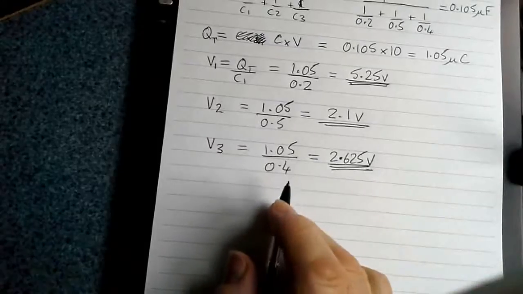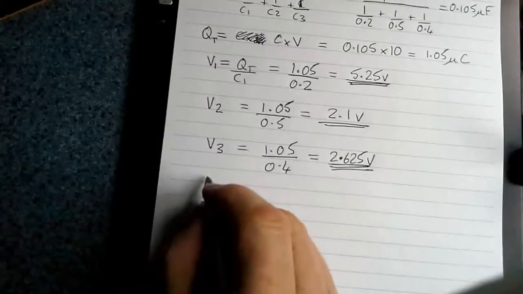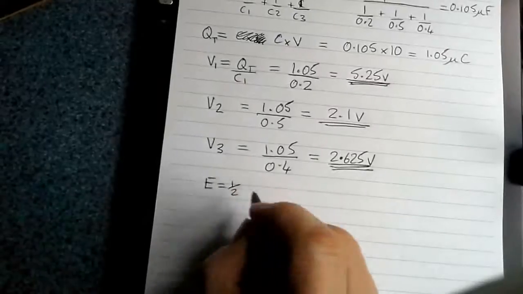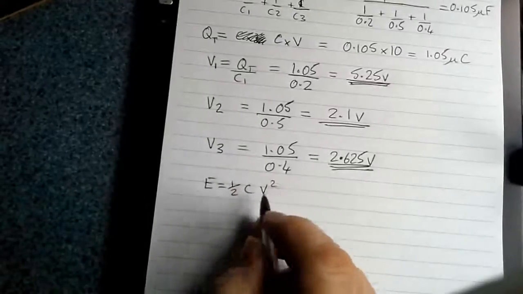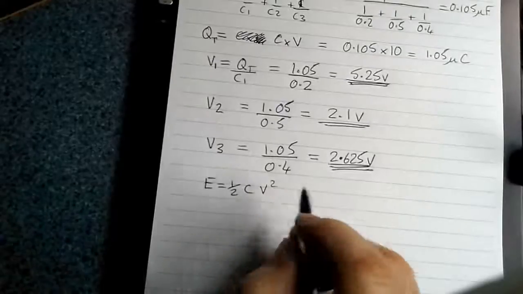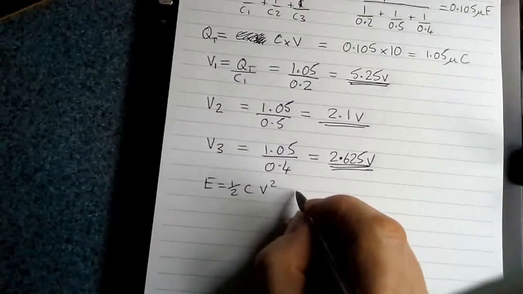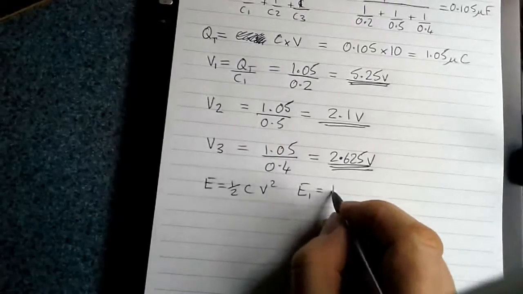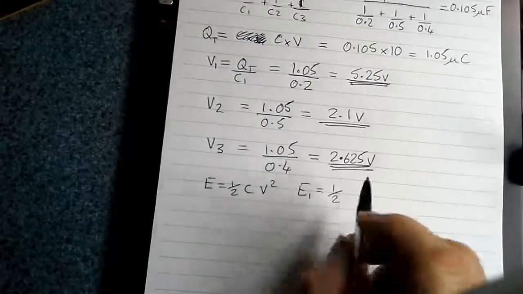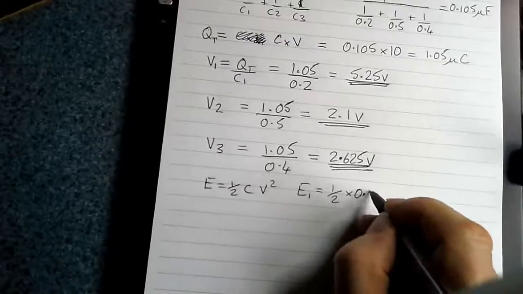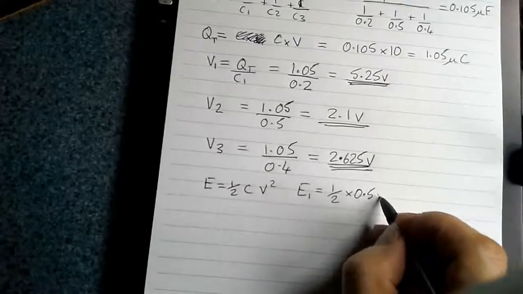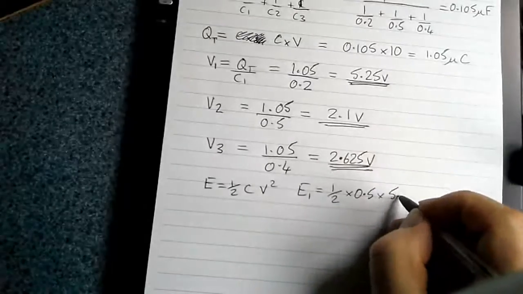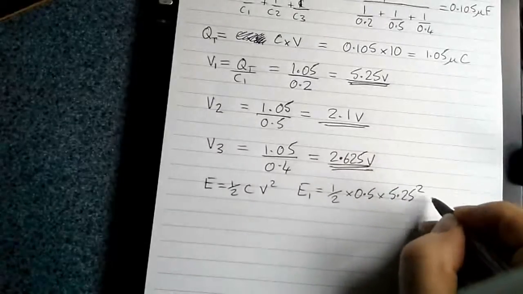Right, the energy in the circuit, E, is equal to a half CV squared. We square the voltage, multiply with the capacitance, and then half it. Now for E1, that would be the energy in capacitor 1. That will be a half times the value of capacitor 1, which was 0.5 microfarads, times its voltage, which we know is 5.25 volts squared. 5.25 squared.